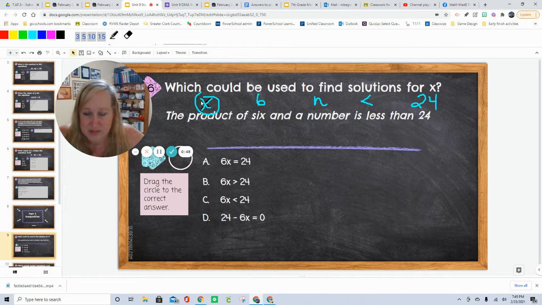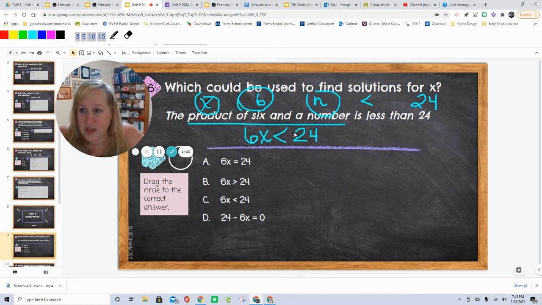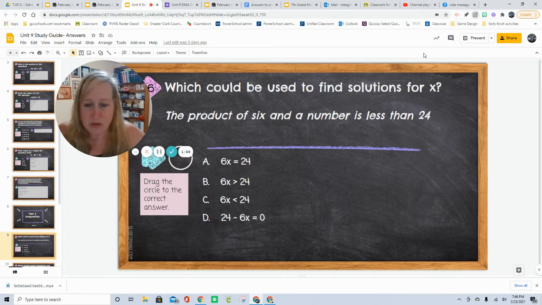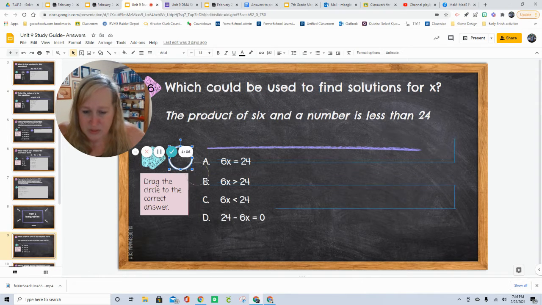So this is times, this is 6, and this is in. So what all of this is saying is 6 times a number, and I'm going to make it x now, is less than 24. So the answer would be to grab this one. It's got to be less than, so it'll be that one.